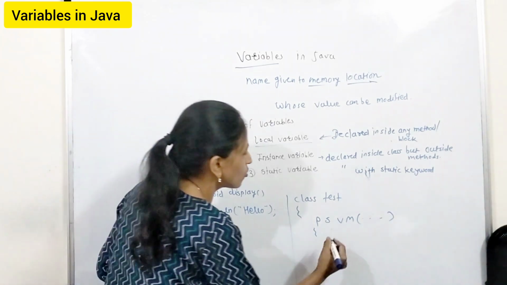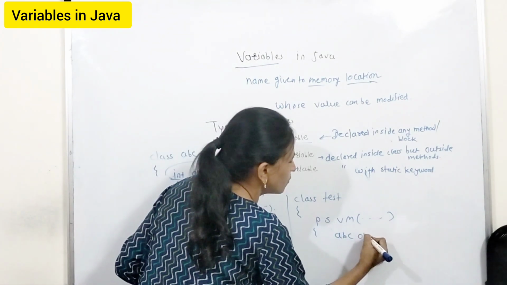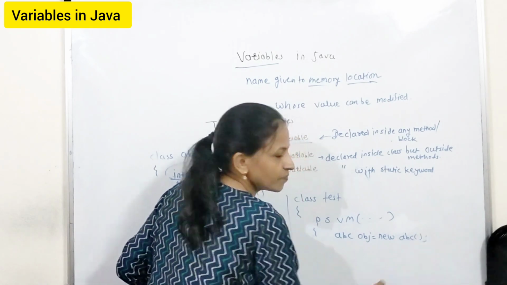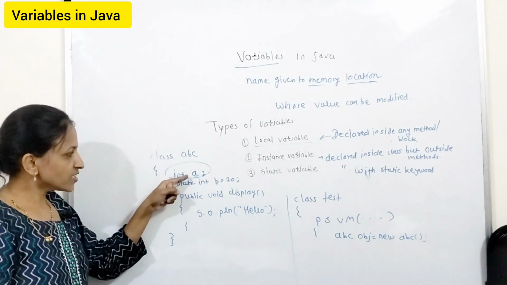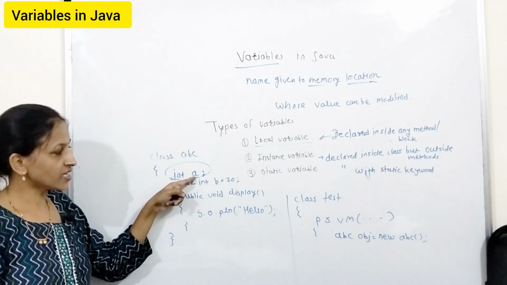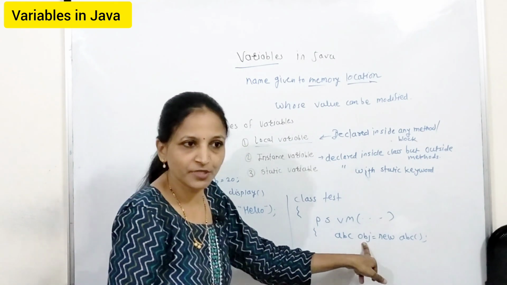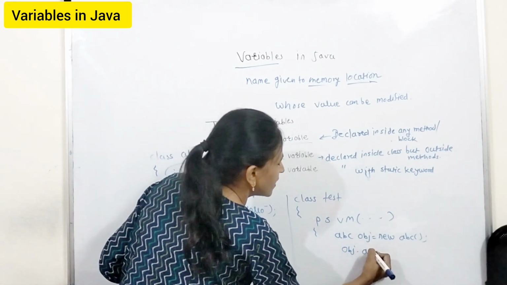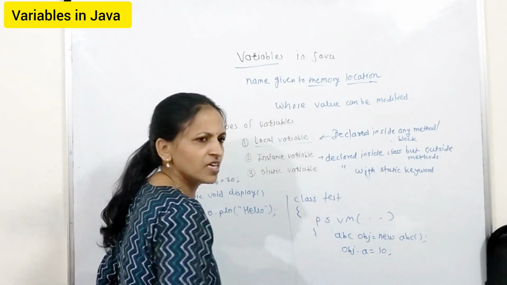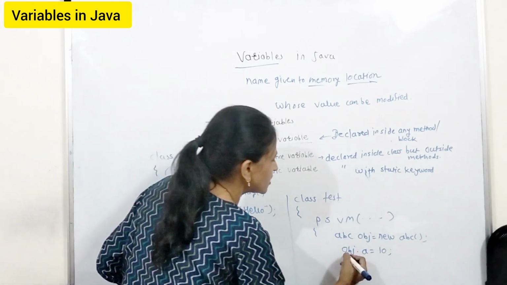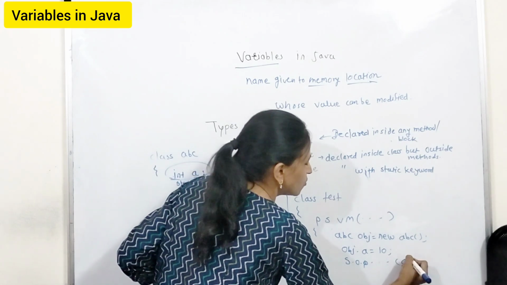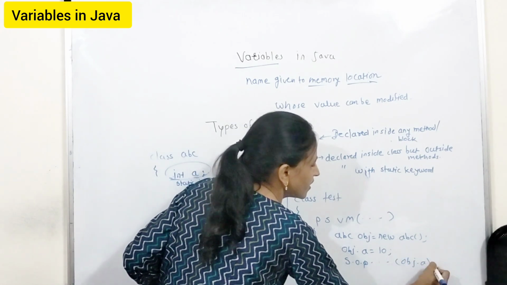You can create an object like ABC obj equal to new ABC in this way. Now I want to access this a, which is related with this object. Then how to access? Simple, obj.a equals 10. And I can display it using System.out.println obj.a.